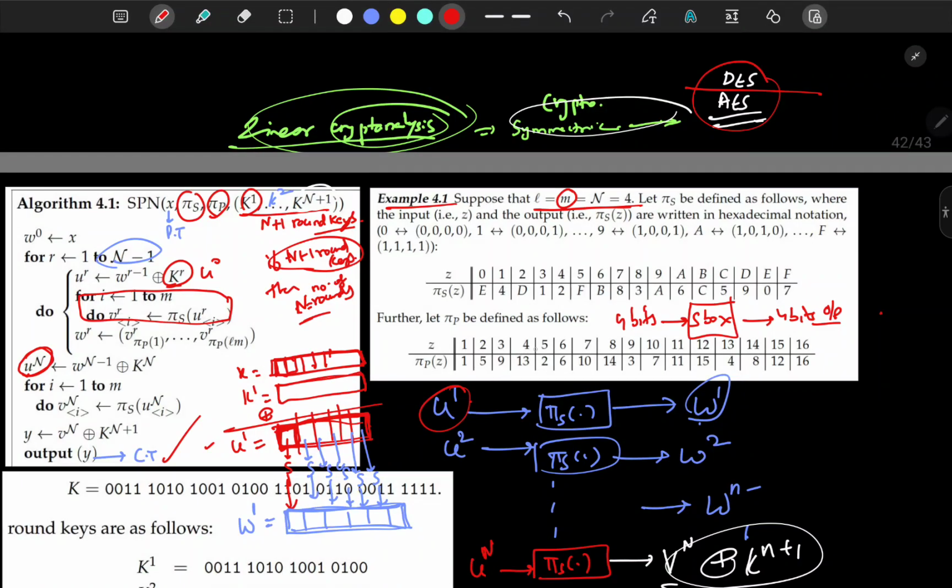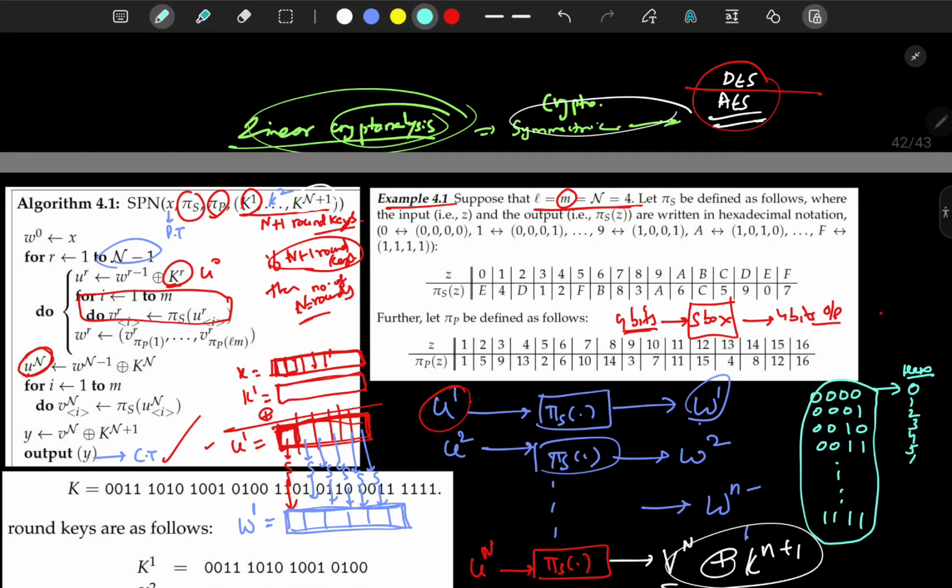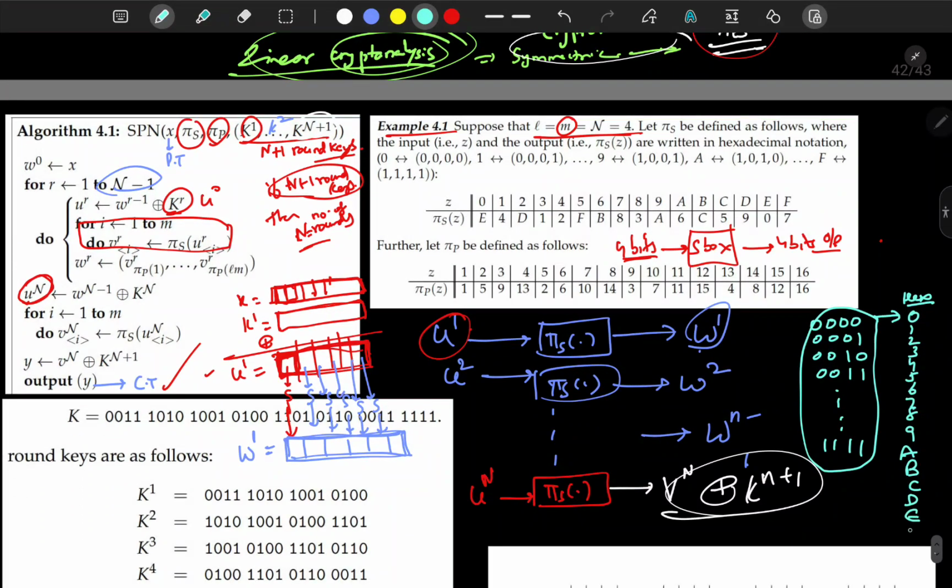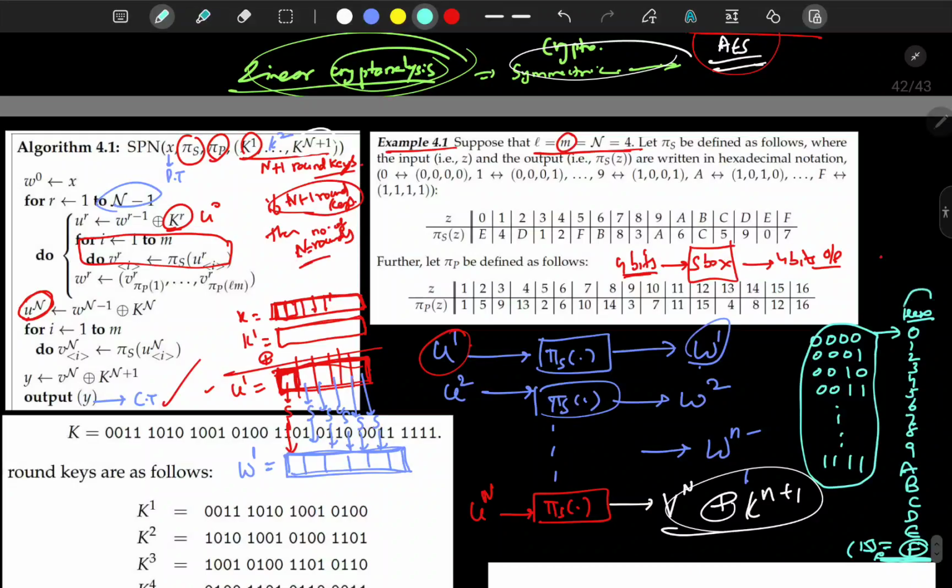For 4 bits, tell me what the possibilities will be. 4 bits will be 0000, 0001, 0010, 0011 and so on, up to 1111. This is called binary. Similarly in hexadecimal, tell me what happens: 0 1 2 3 4 5 6 7 8 9, then 10 is called A, till F, which is 15 in decimal. This is hexadecimal.